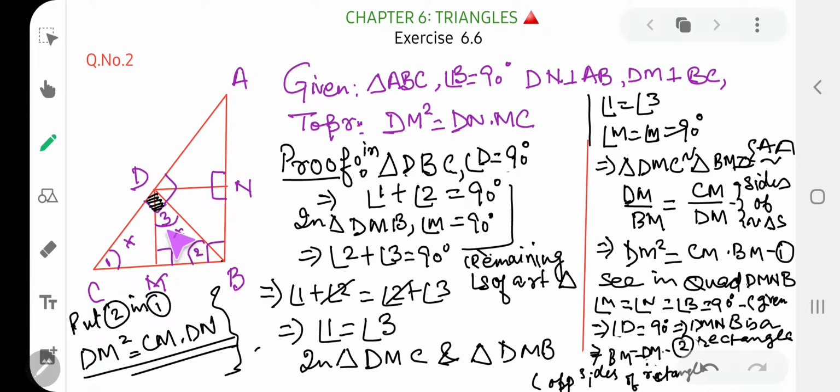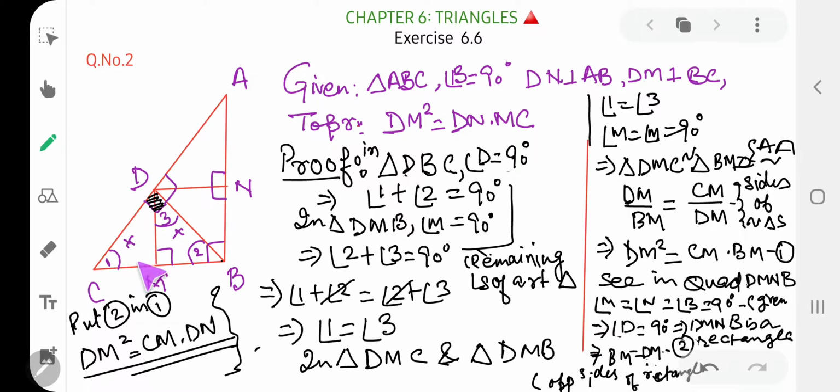So first of all, we will start with the triangle DCB. In triangle DCB, angle D is given equal to 90 degree, and therefore angle 1 and angle 2, their sum will be equal to 90 degree, as they are the remaining angles of the right angle triangle.